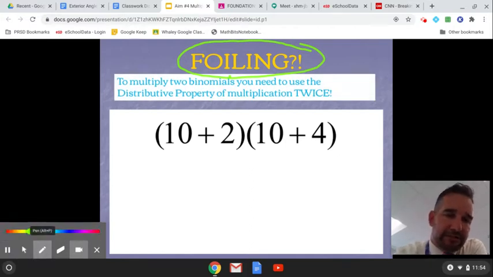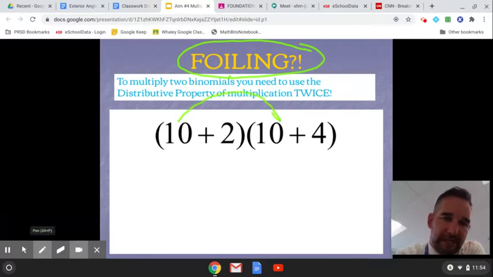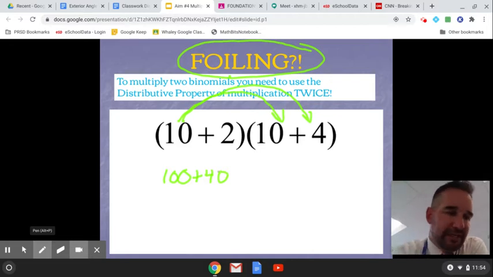So first we'll distribute the 10 from here to both the 10 here and the 4. So 10 times 10 is 100. I can do that in my head. 10 times 4 is 40. I can do that in my head. Now, here's where the double distribution gets its name.